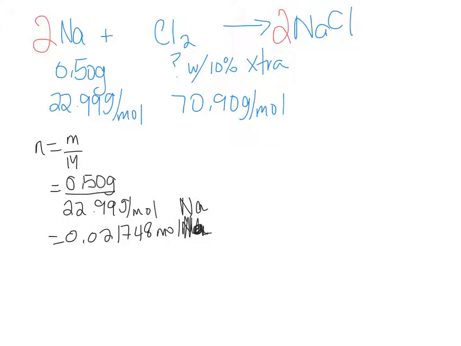So we need to convert from sodium to chlorine. So we need our mole ratio. There's 1 mole of chlorine for every 2 moles of sodium used.